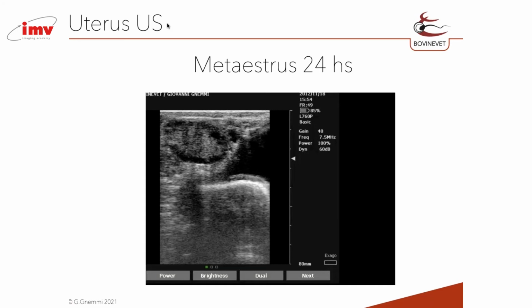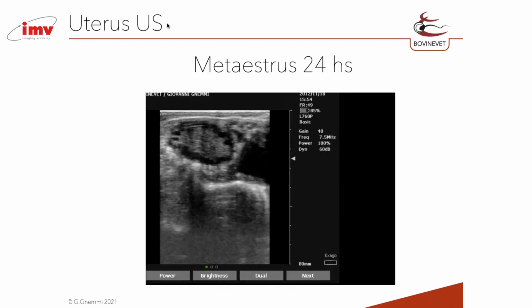Remember also that there is a difference in echogenicity between myometrium and endometrium, because the contracted myometrium improves the echodensity, so it reflects a lot of the ultrasound, appearing echogenic, while the endometrium is thicker because we have a vasodilatation. So the blood vessels improve the quantity of blood, and the blood is a fluid. So the fluid absorbs a lot of the ultrasound. For this reason, the thicker endometrium will appear hypoechogenic.